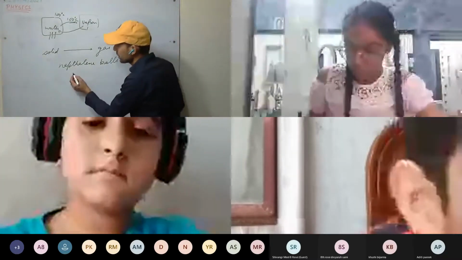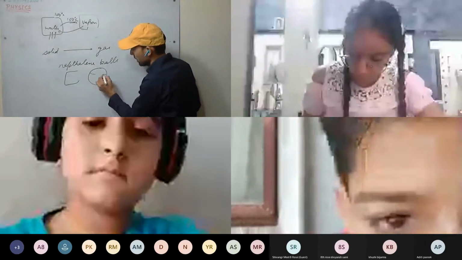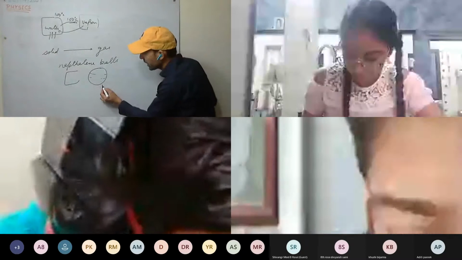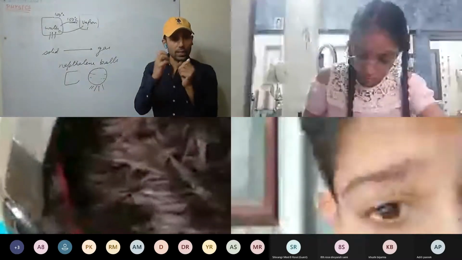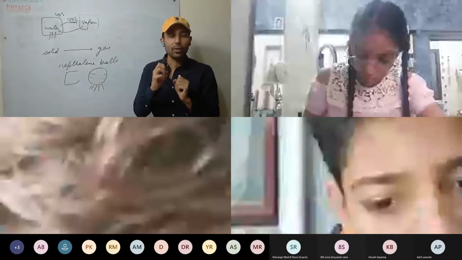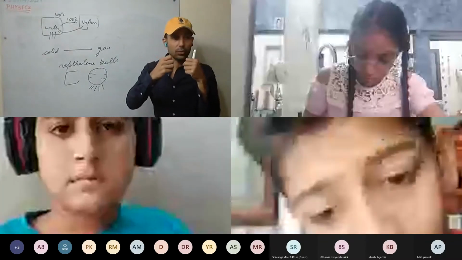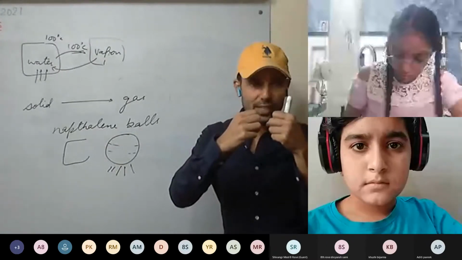So see here what happens. For example, this is our naphthalene ball. It will take heat. As heat is given, the molecules of the naphthalene ball are there. Now see here, between the molecules, what is the force? Intermolecular force. This intermolecular force between the molecules is very weak.